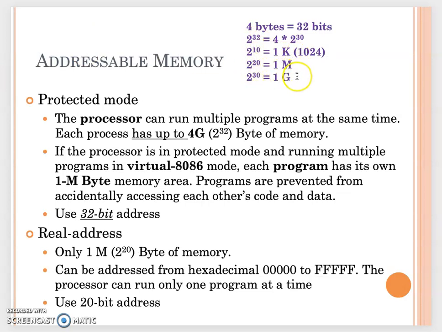So 2 to the 20 is 1 mega. 2 to the 30 is 1 giga. Actually 2 to the 40 is 1 terabyte. So far we know the terabyte. 2 to the 50 or 2 to the 60, we don't really know that yet.